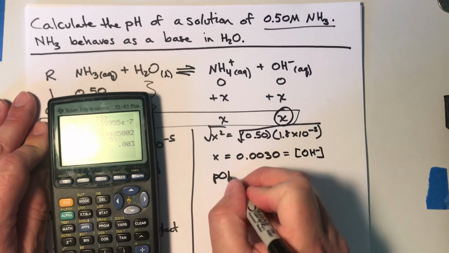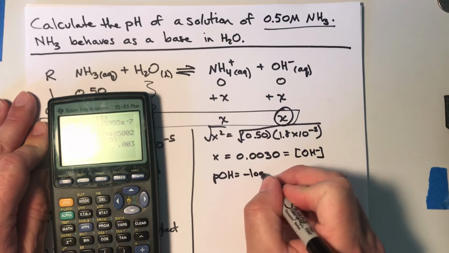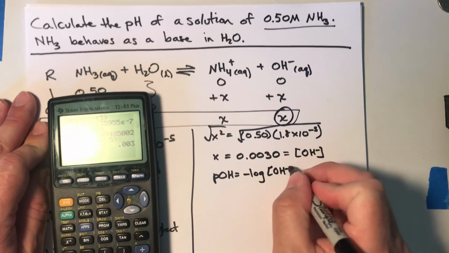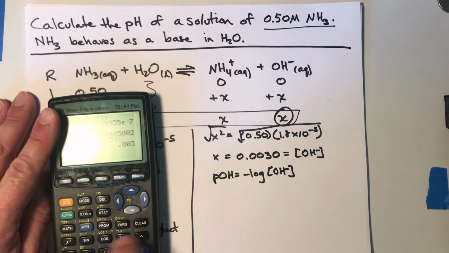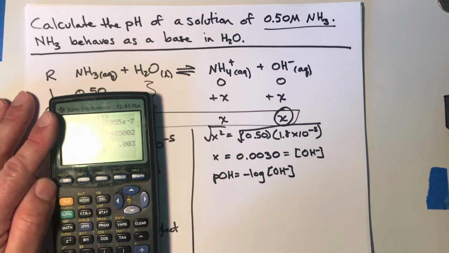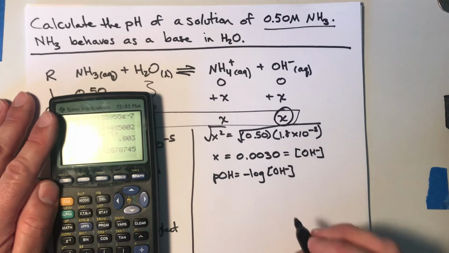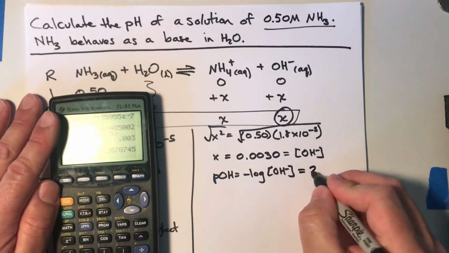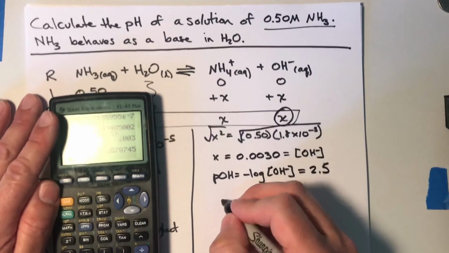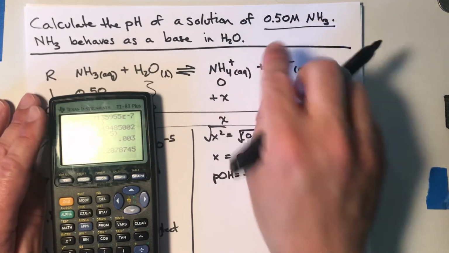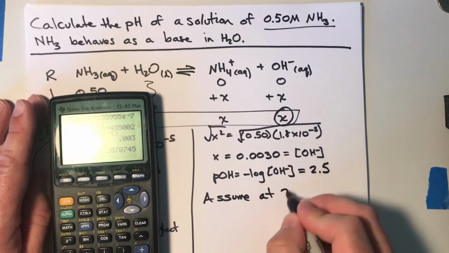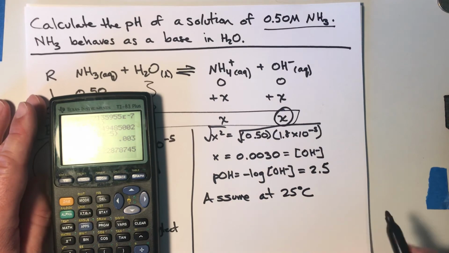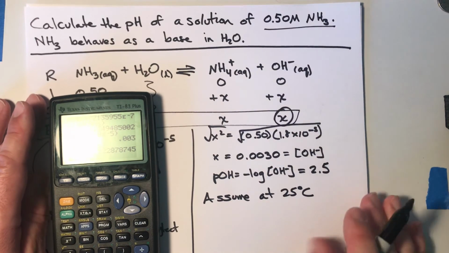So the pOH is the negative log of the hydroxide ion concentration, which is this value here. So I'm going to do negative log of my hydroxide concentration, and that gives me a pOH of 2.5. We were not given a temperature here, so we're going to assume this is taking place at 25 Celsius, which is what we always assume when we're not given a temperature.